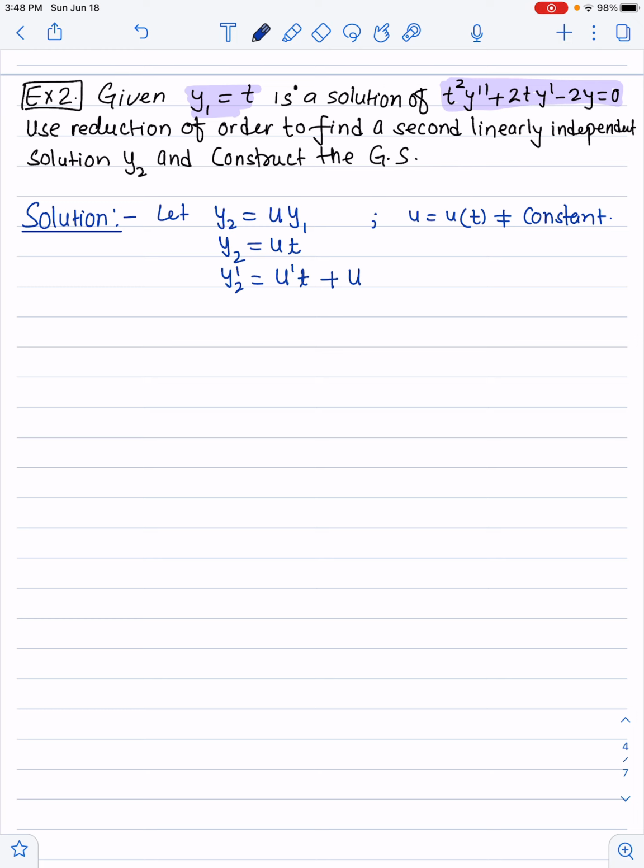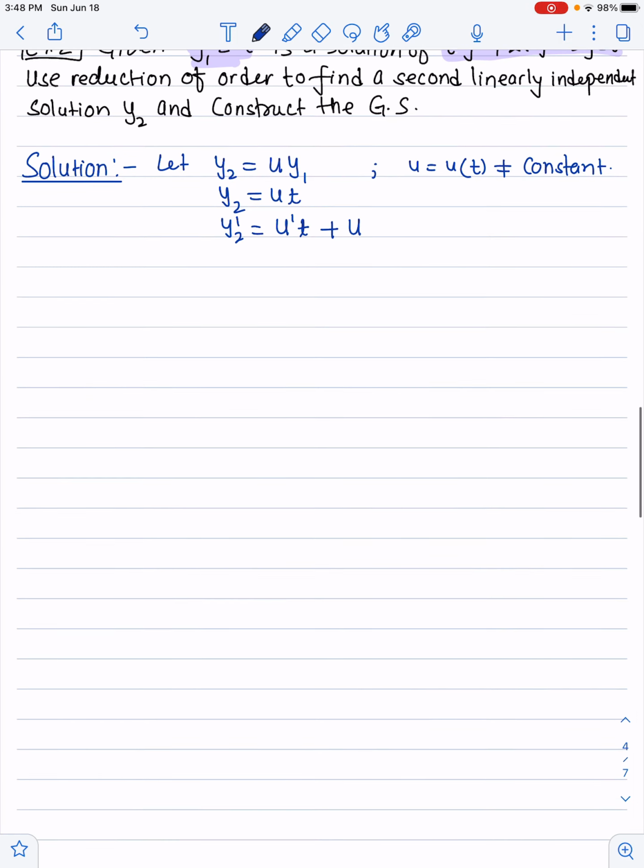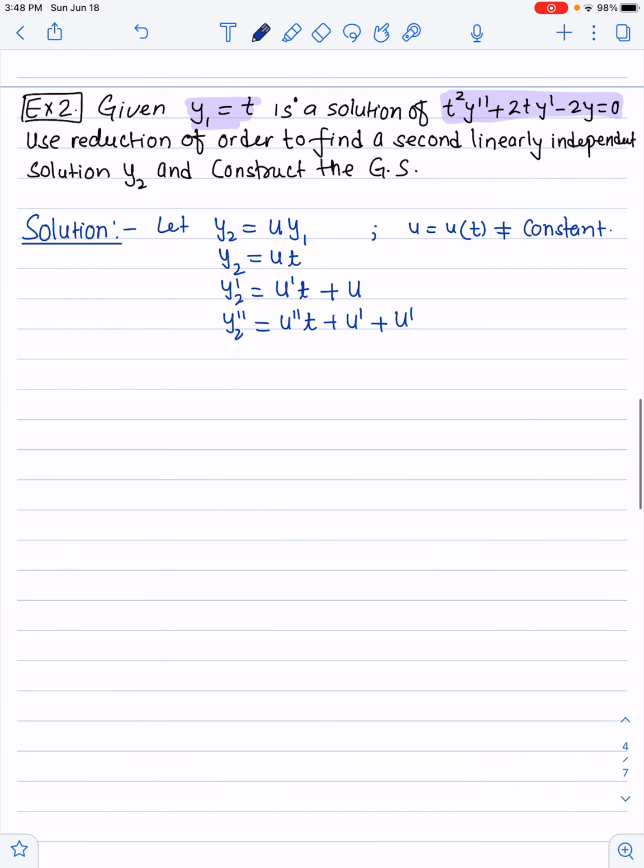The derivative of t is 1. And y2 double prime is u double prime t plus u prime, the derivative of t is 1, plus u prime. So it would be u double prime t plus 2u prime, which is y2 double prime.